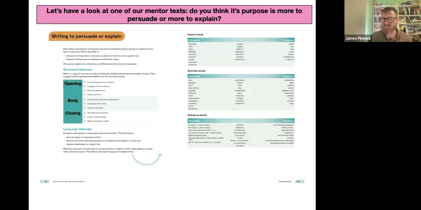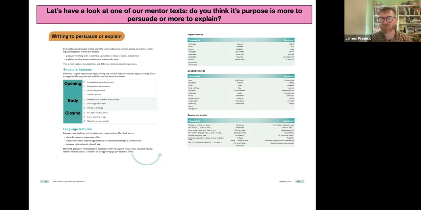Persuasive writing also deals a lot in facts because in any persuasive piece, you're going to give examples and you need to make those facts and information understandable to an audience so they understand why they should be persuaded by those facts and examples. So there's a range of overlaps between these two types of writing.